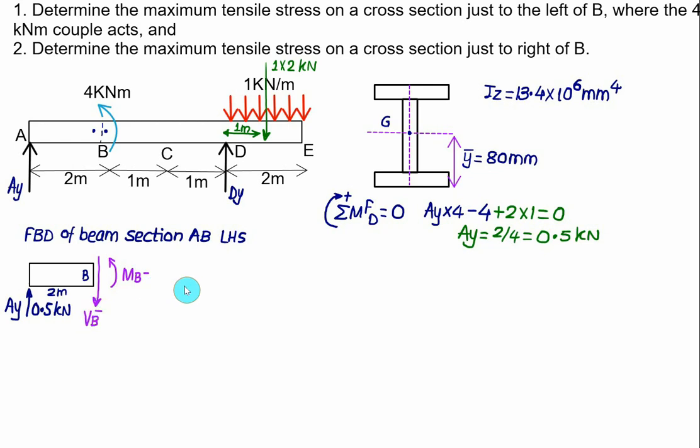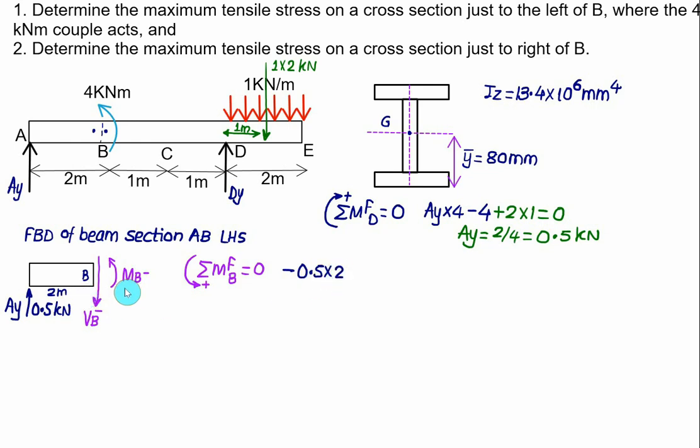For this purpose we take the sum of moments of all forces about point B, and this time we'll take anti-clockwise as positive, and it must equal 0. The moment of AY about point B is clockwise, and since anti-clockwise is taken as positive, AY is negative: 0.5 multiplied by the distance of 2 meter.